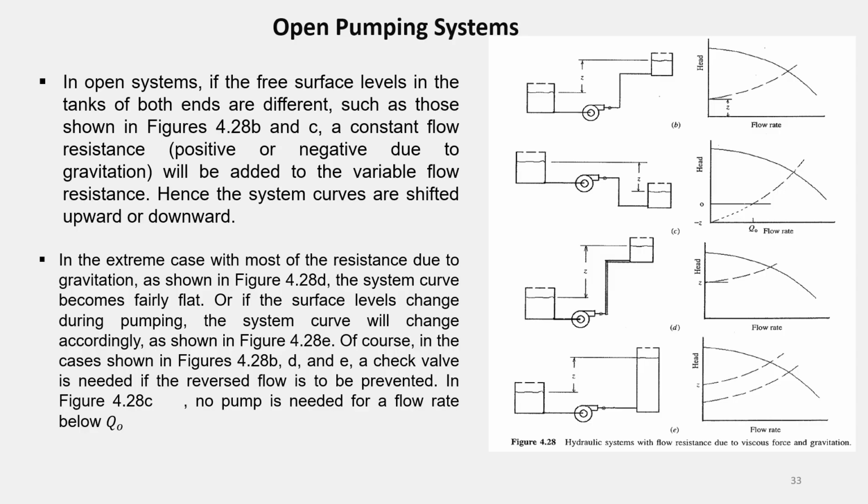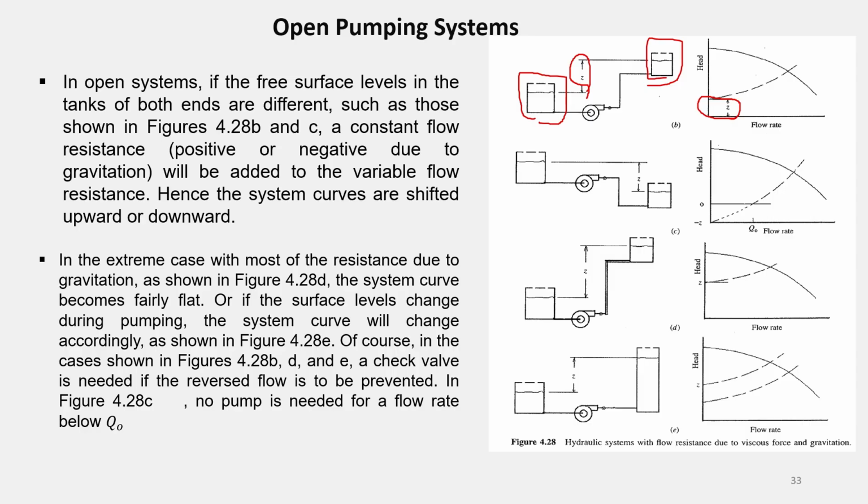Here is another example. Let's say that we have two tanks, one tank and the other. The difference between the levels of these two tanks is Z. Since this difference is Z, there is an initial elevation of the system curve of Z. Because here you have a system operating curve, which represents the energy level from the lower tank to the higher tank.